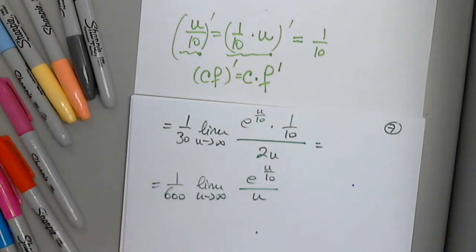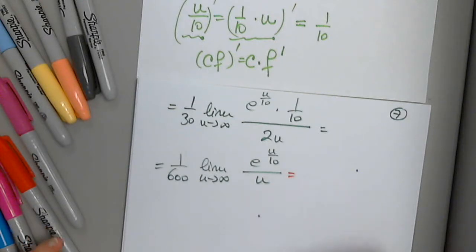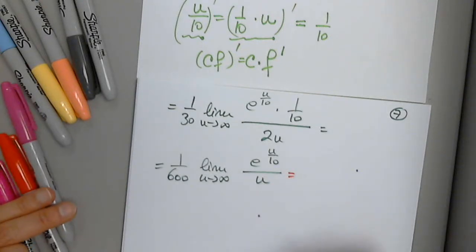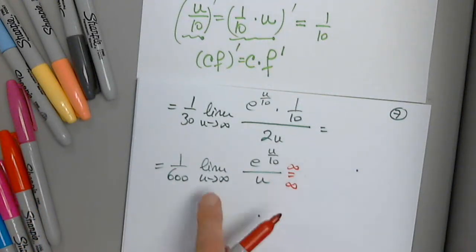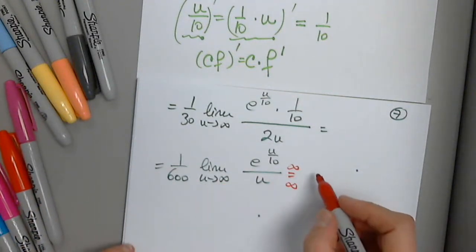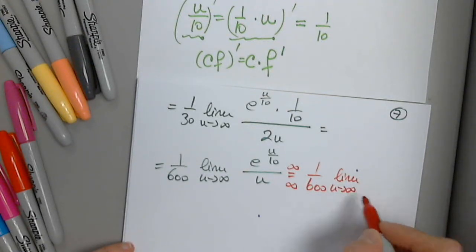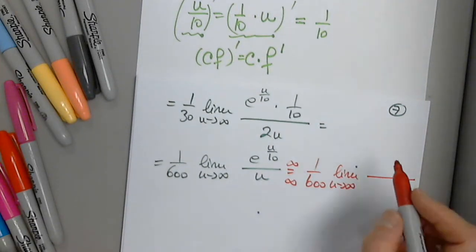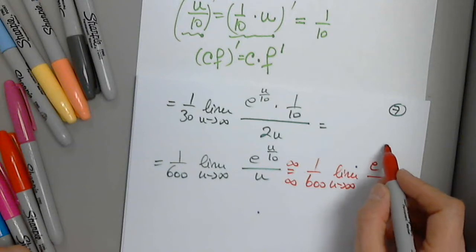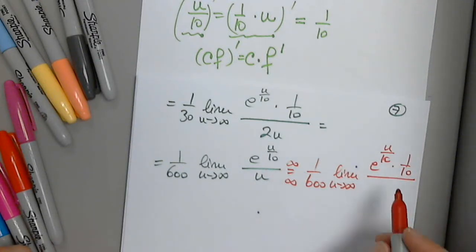Okay, what is it now? Where does the top go? Excellent. Where does the bottom go? Yes, because u approaches infinity. Awesome. So then 1 over 600, limit u approaches infinity. The derivative of the top, please. E to u over 10 times 1 over 10, and the denominator prime is? Excellent.